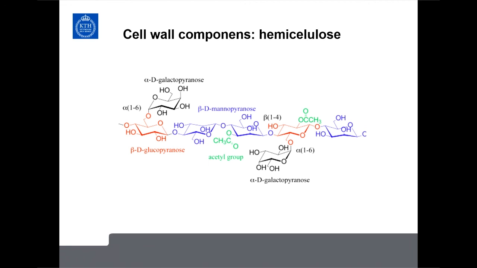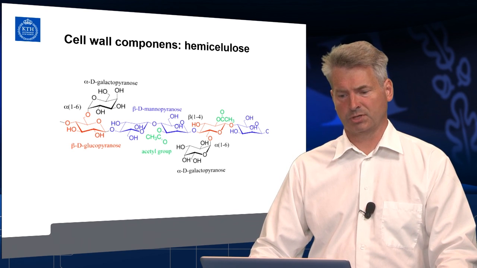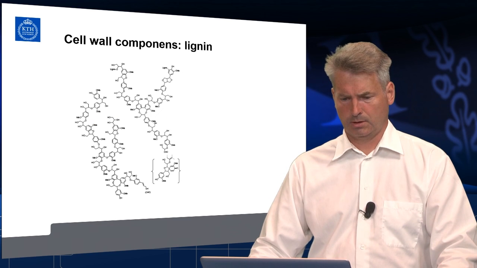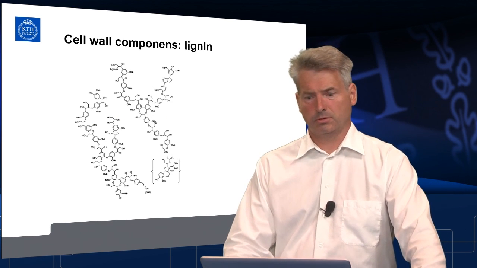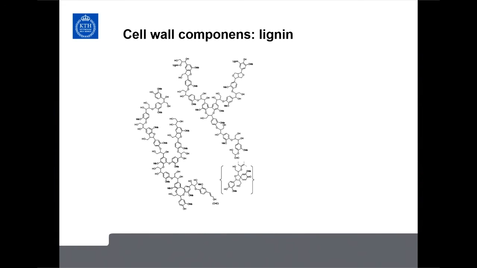So it may contain glucose, hexose, and mannose, for example. So that's a difference between hemicellulose and cellulose. The lignin works as a glue between the cellulose and the hemicellulose, and it's an amorphous, non-crystalline material.